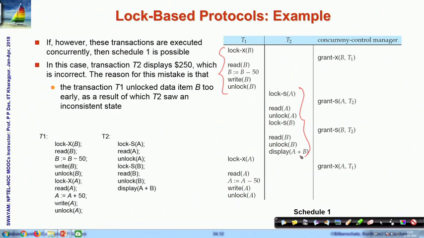So, even though we have used a lock, we have not been able to achieve the required serializability, and it is possible to create a schedule where inconsistent data is getting generated. T2 is actually reading inconsistent data. So, you have seen an inconsistent state here.